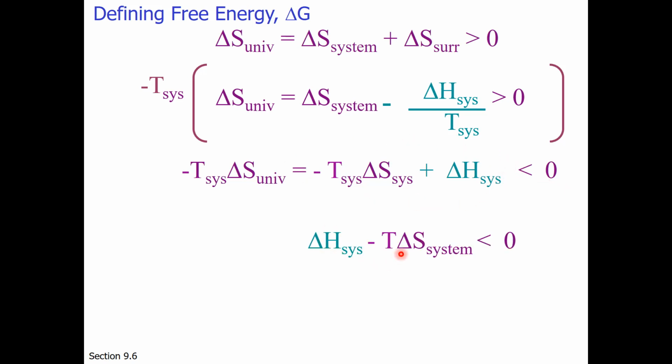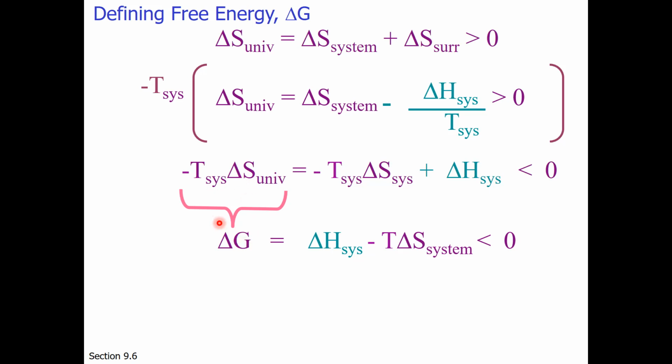The sum of these two, which is less than 0 when something spontaneously happens, is equal to a term that we give the name delta G. Delta G is minus temperature of system multiplied by the entropy change of the universe.